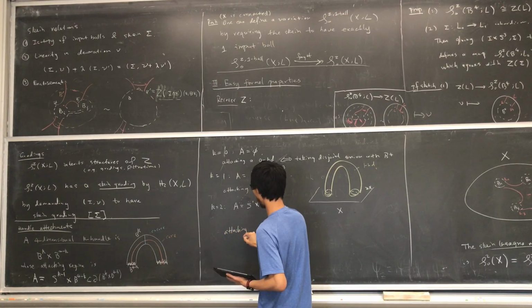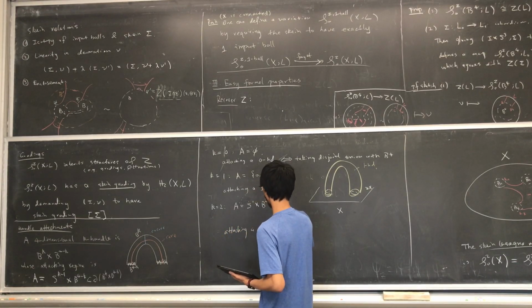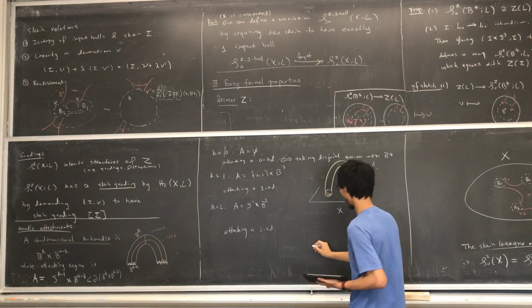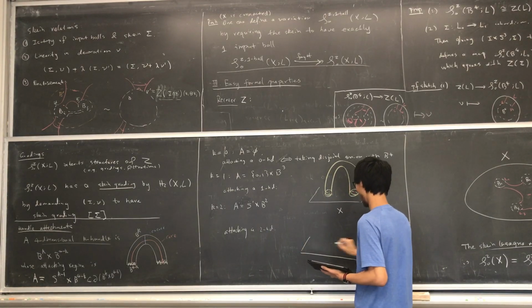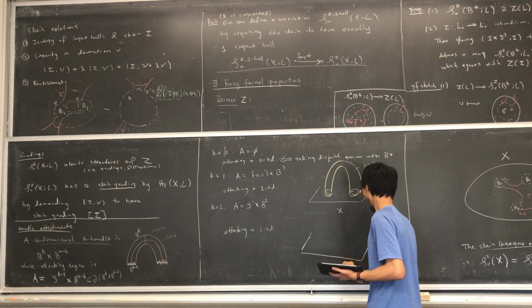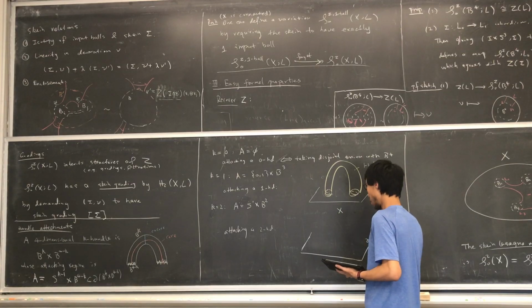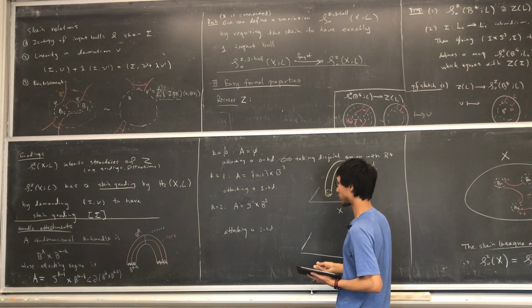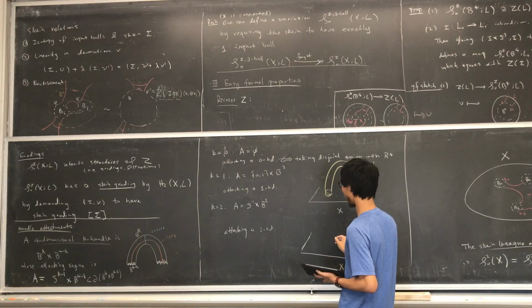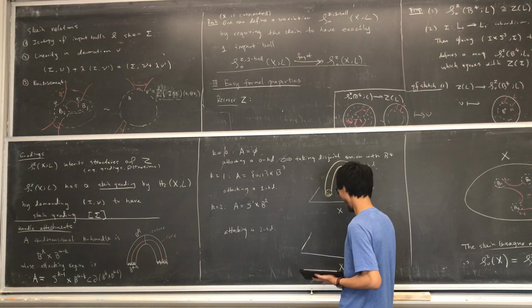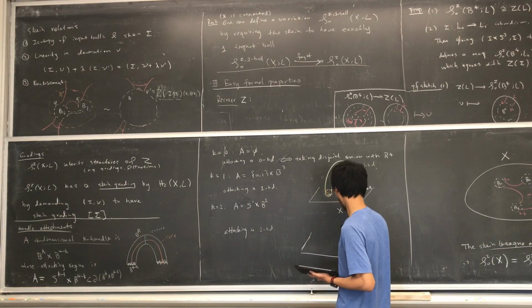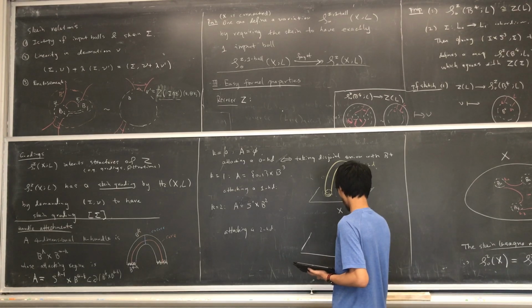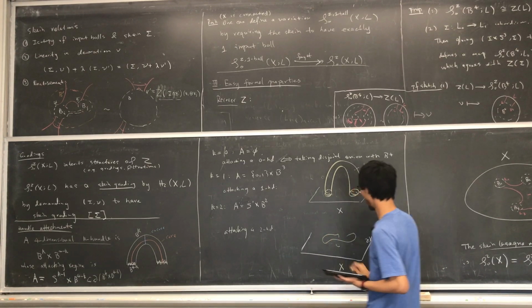And attaching a two-handle can be drawn pictorially as follows. I only need to keep track of its core, namely this S^1. Its core is going to be some link.